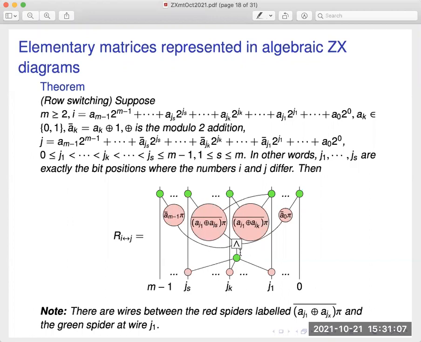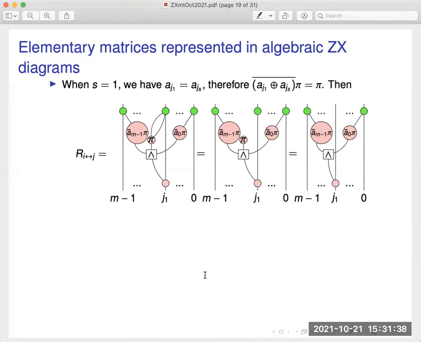And then you could just connect the AND gate from the bottom to a green node, which connects to those bit positions where I and J are different, so it's J1 to JS. So that's the way you represent the row switching or column switching elementary matrix. This one is a little more complicated than the previous ones, but it's still okay, right?